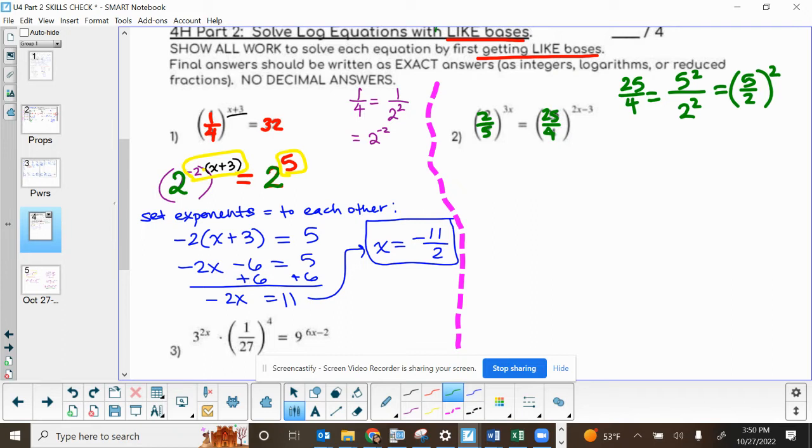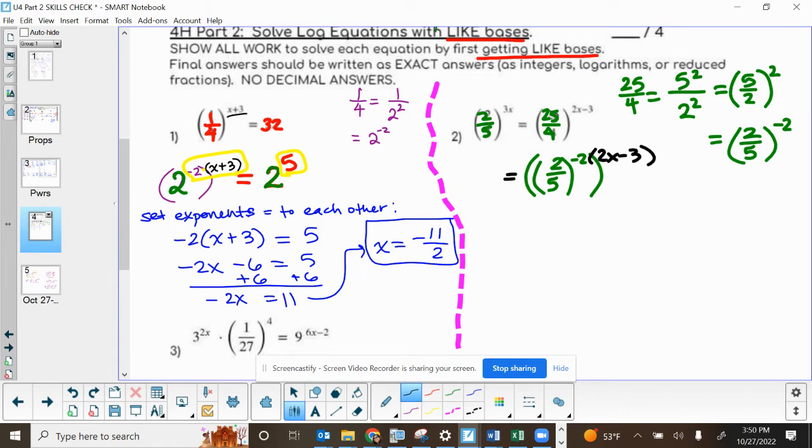The only thing that I would have to change to make it a 2/5 instead is to make it raised to the negative 2, because that flips it. So 25/4 I can rewrite as 2/5 raised to the negative 2. And then I will put my 2x minus 3 on the outside of that.